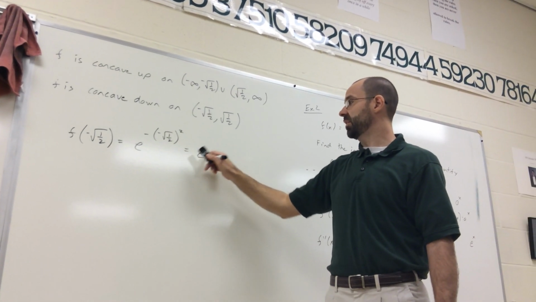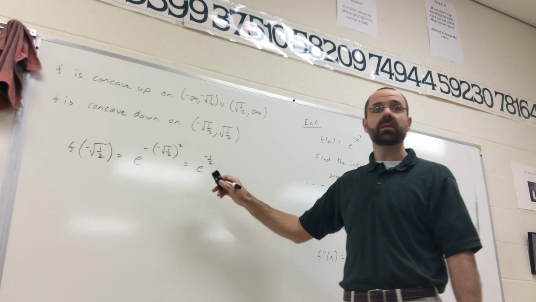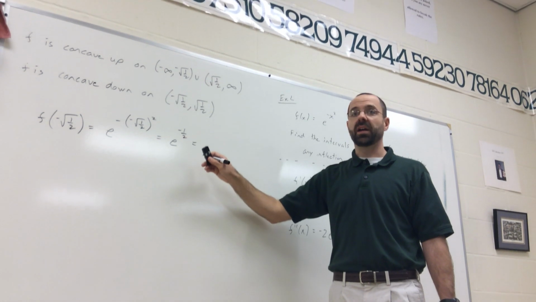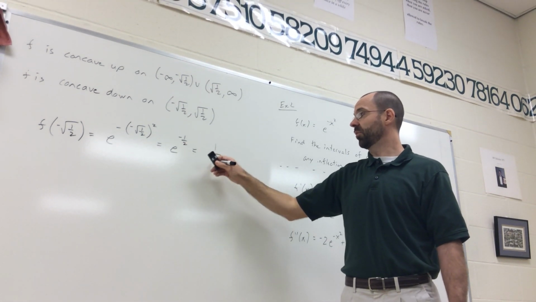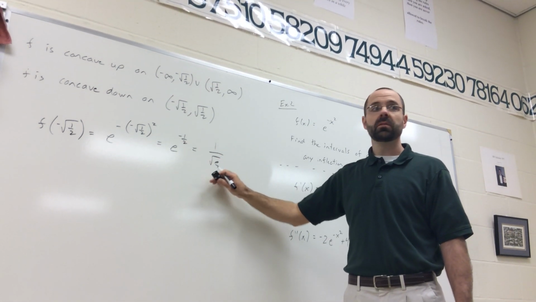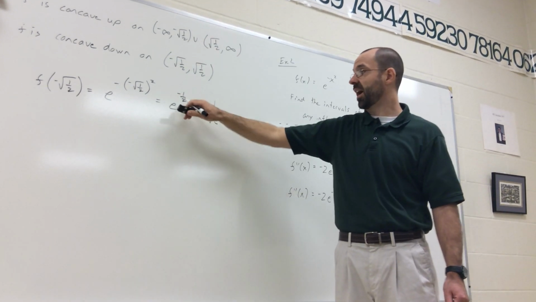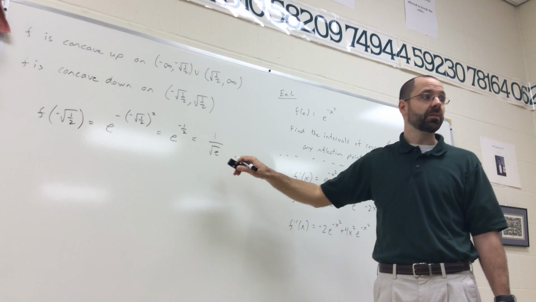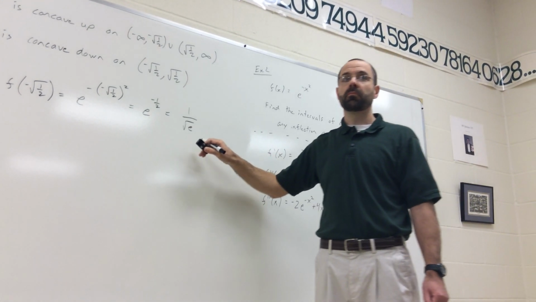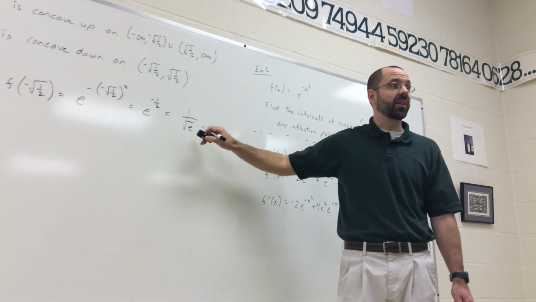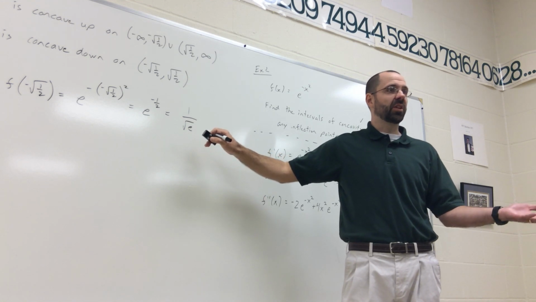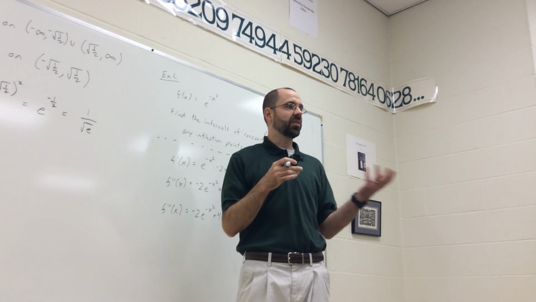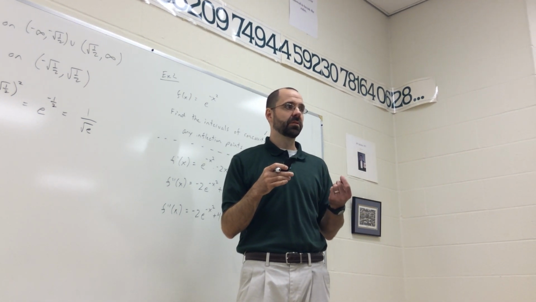So this is e to the negative 1/2 power, which is the same thing as 1 over the square root of e, because the half power means square root, and the negative means put it downstairs. Okay, so there is a point there. So now we can say that there's an inflection point there. So officially there's an inflection point when the concavity switches and it's continuous.